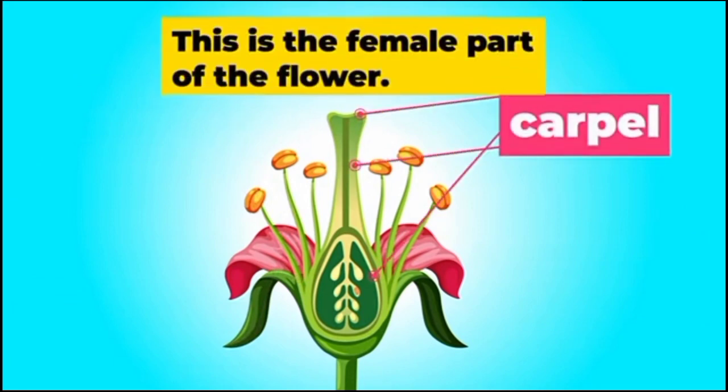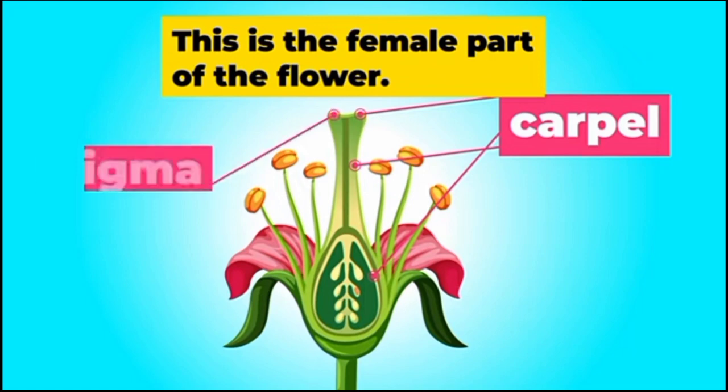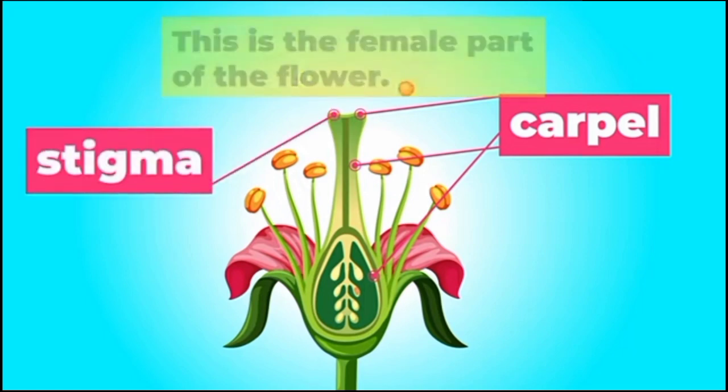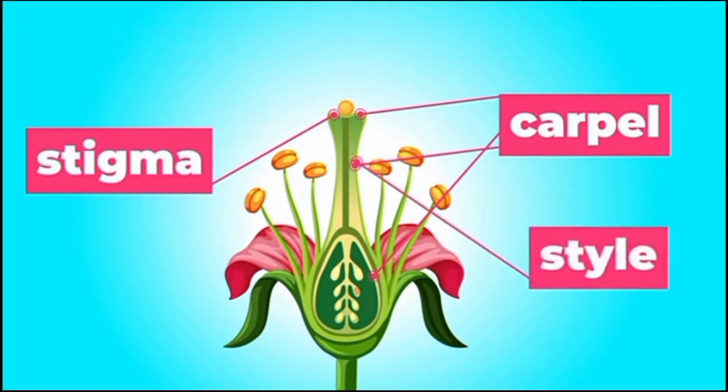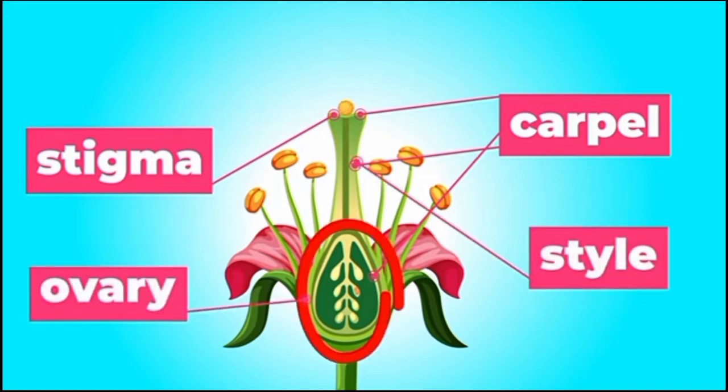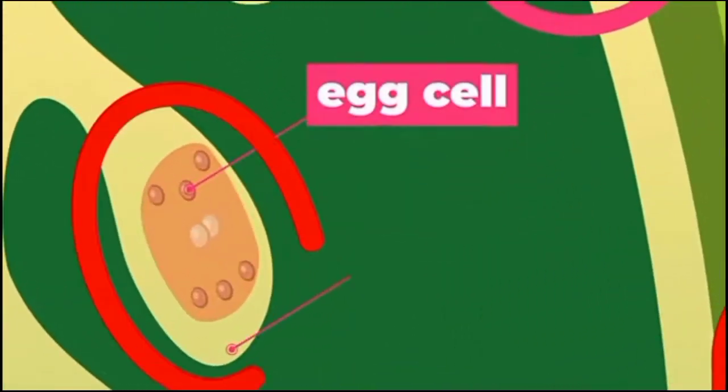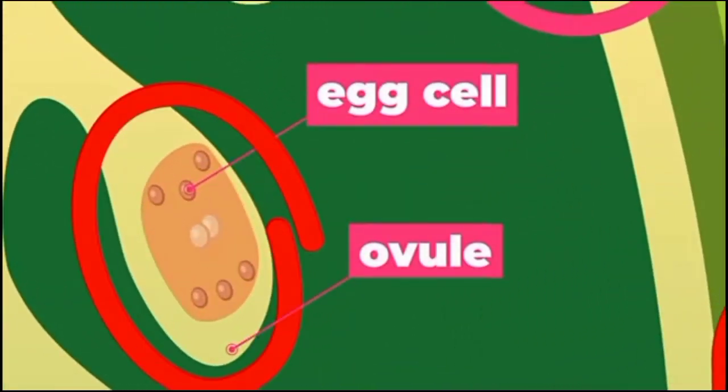Carpel or pistil. This is the female part of the flower. It consists of the stigma, style, and ovary, wherein the egg cells are found inside the ovule that fertilize the egg cells.